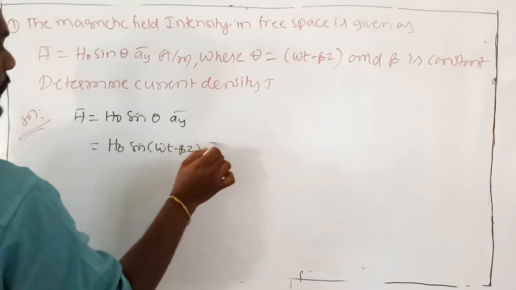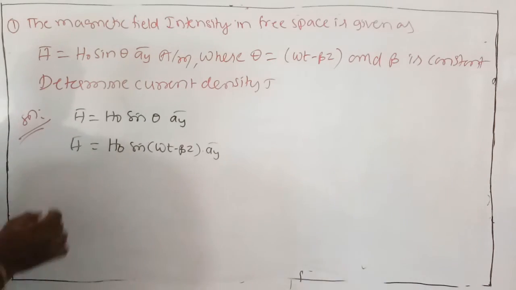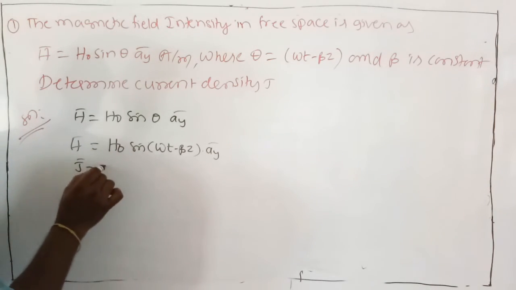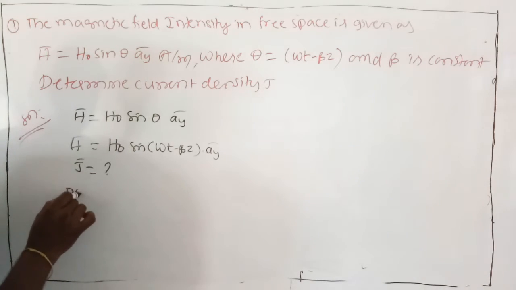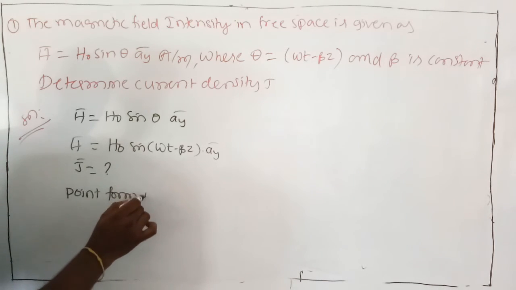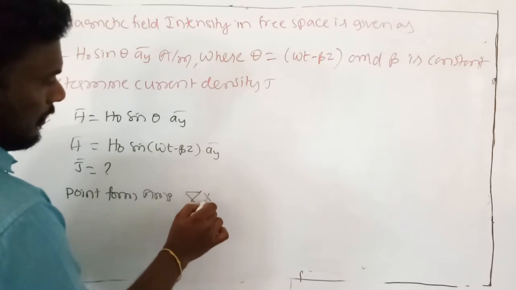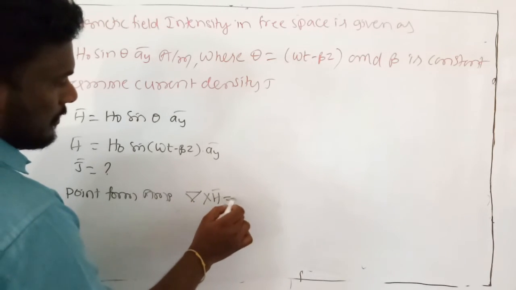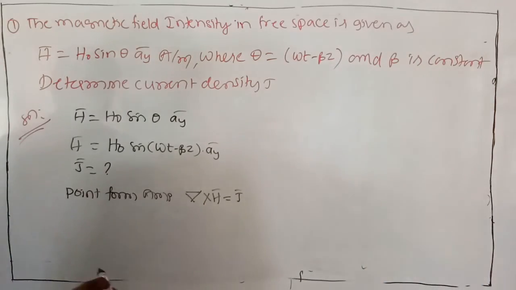He has asked to calculate the J bar, current density. So we know the relation between J bar and H bar from the point form of Ampere's law. The curl of magnetic field intensity is equal to J bar.